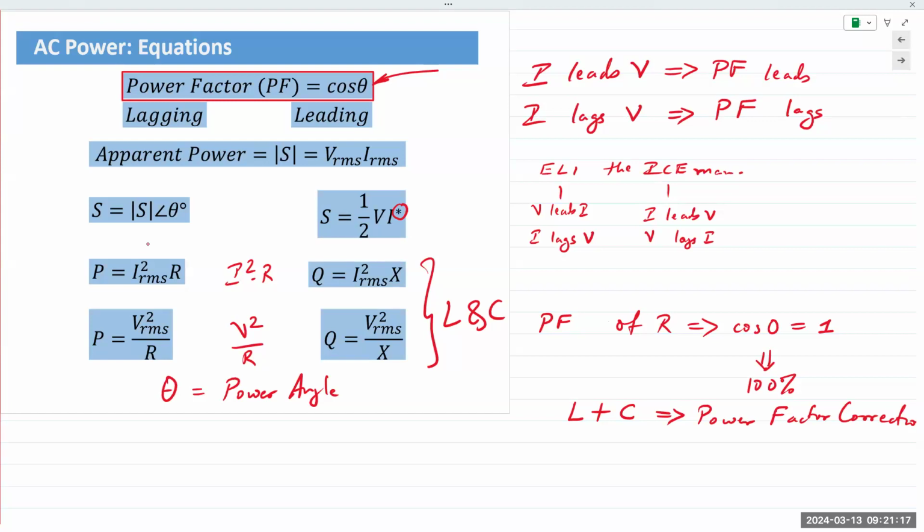Basically in polar coordinates, you flip the sign, it rotates around the x-axis.